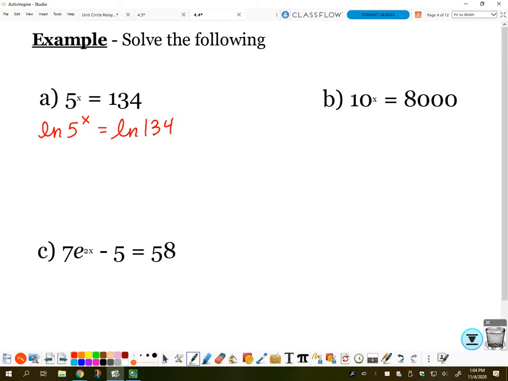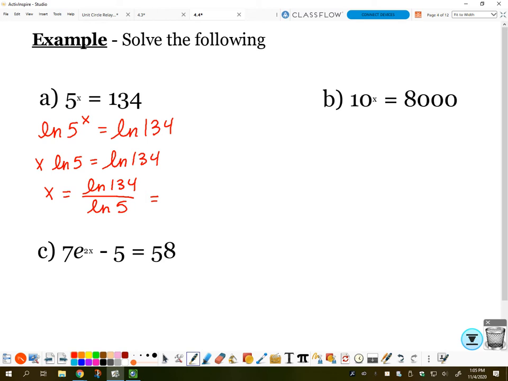Alright, so the next step is this exponent can swing around out front. And then we divide by ln of 5 to get x by itself. And then that is something you can just type in your calculator.